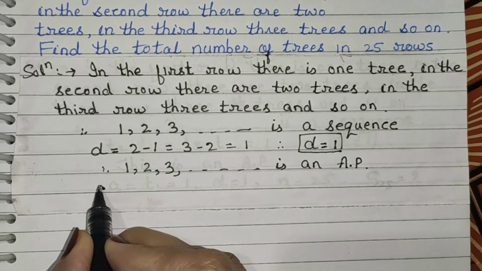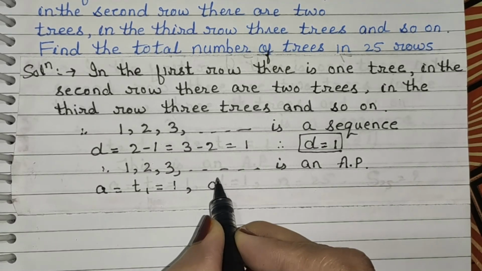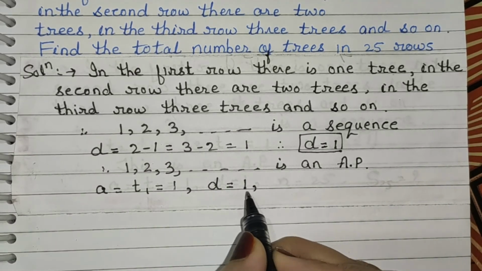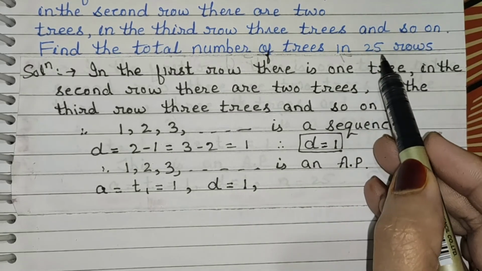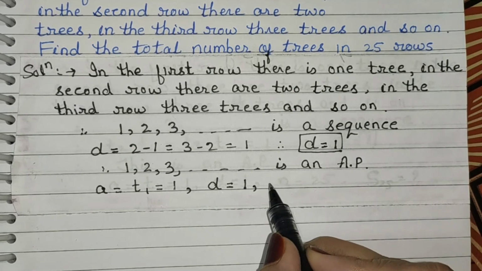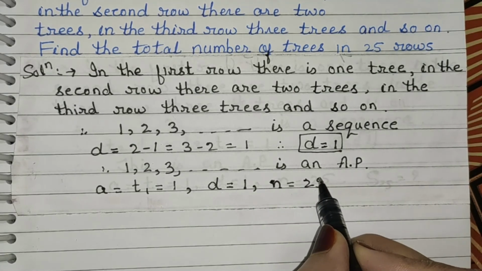Now, first term T1 is equal to 1. Common difference d is equal to 1. Now, there are 25 rows. Therefore, the value of n is equal to 25.